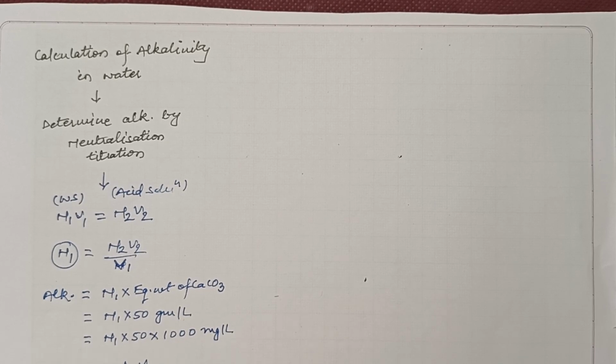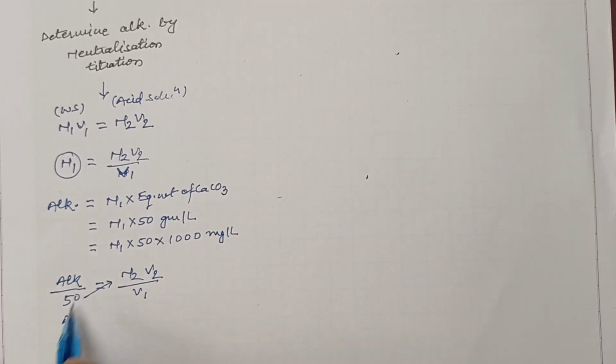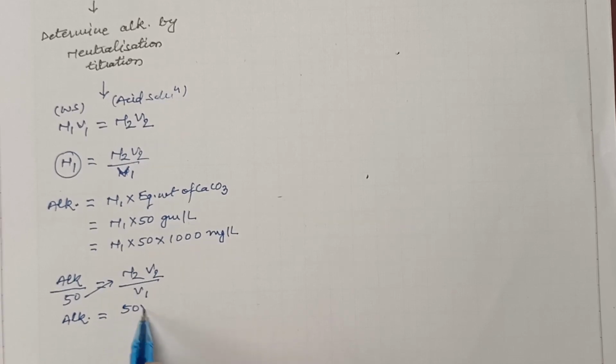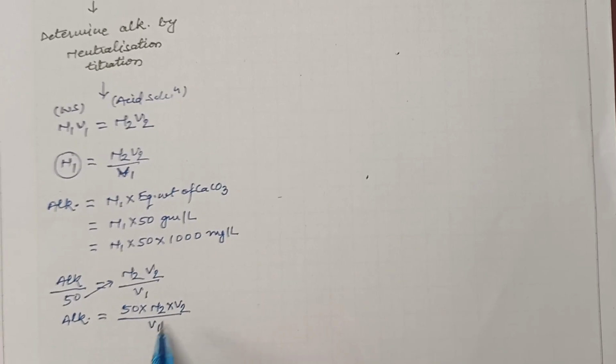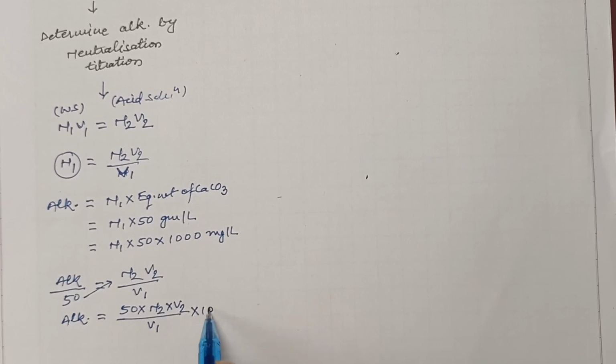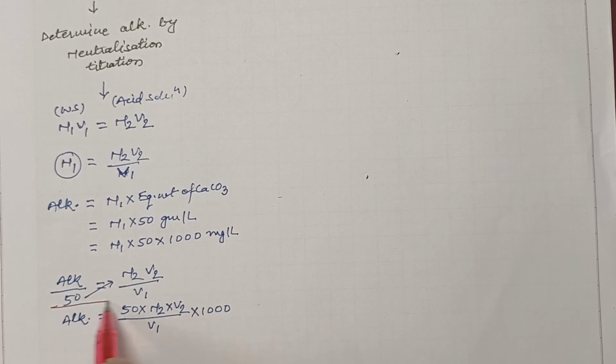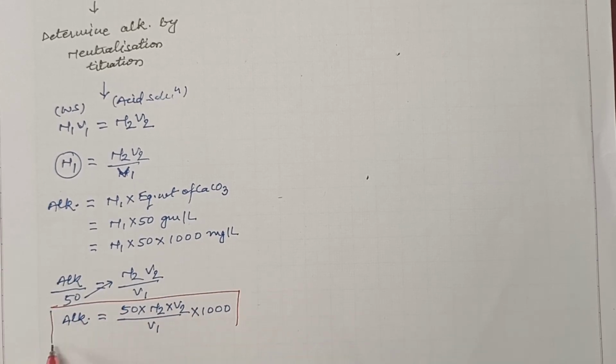So alkalinity is equal to 50 into N2 into V2 divided by V1, whole multiplied by 1000. So this is the formula which you can utilize for the calculation of alkalinity content of a water.